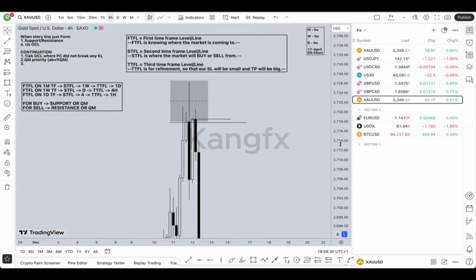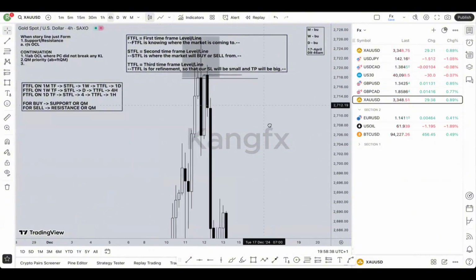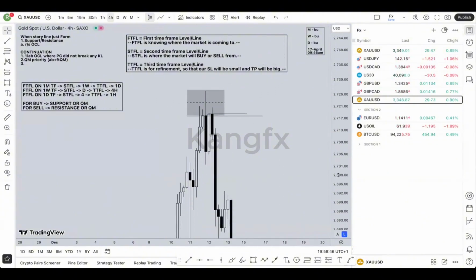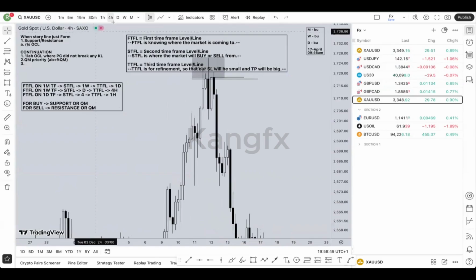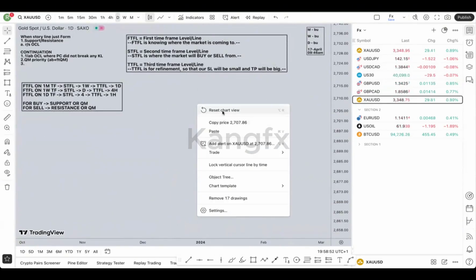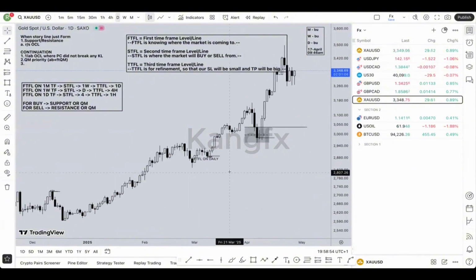Because the second time frame line is where we buy or sell, but we still do some refinement on the third time frame level. So this is where I'm expecting the market to come to, if the storyline was set and the market is pulling back to give us a chance to sell. So drawing this box is really important.